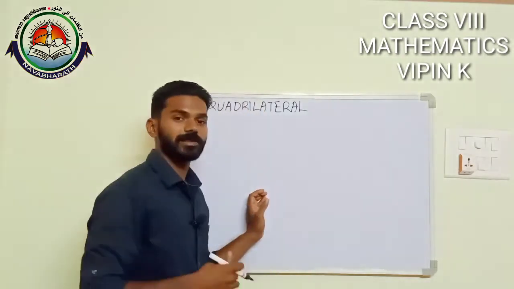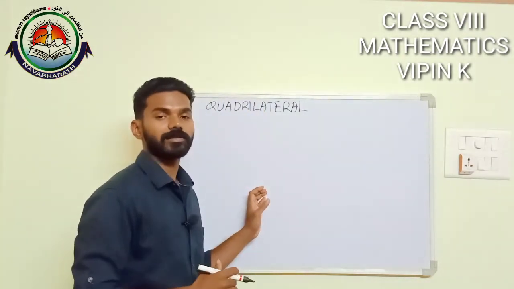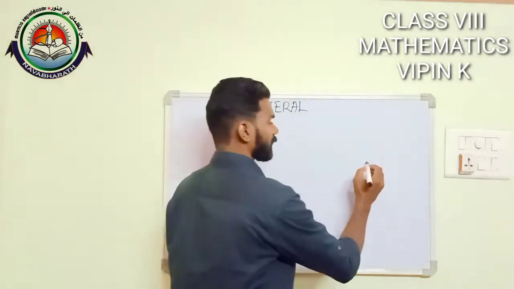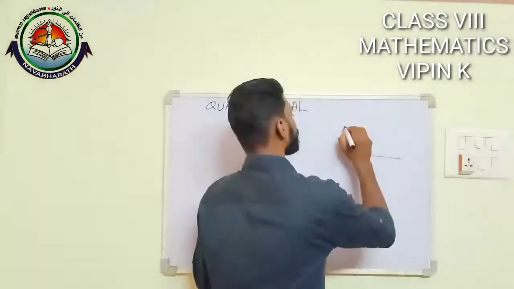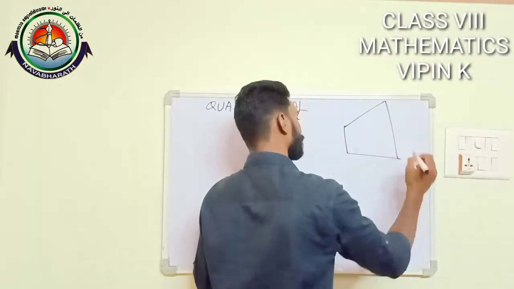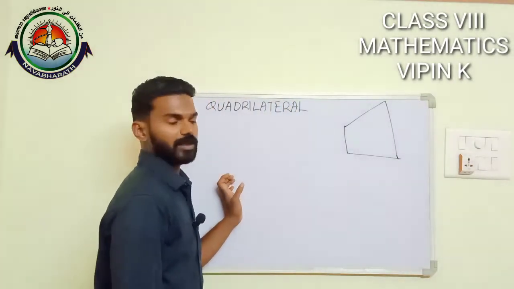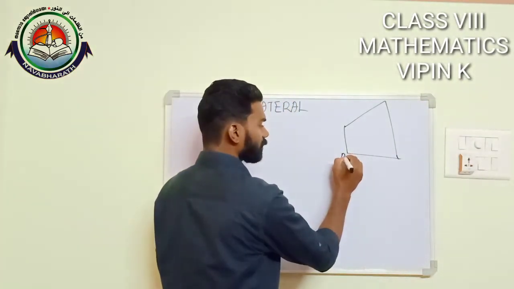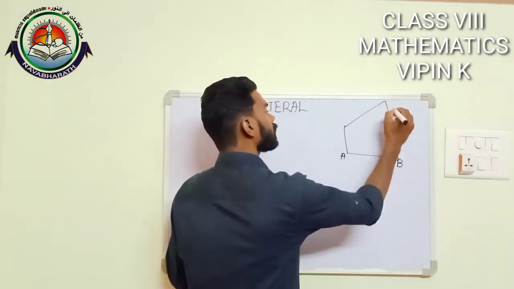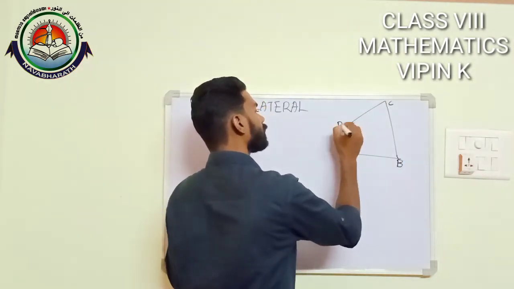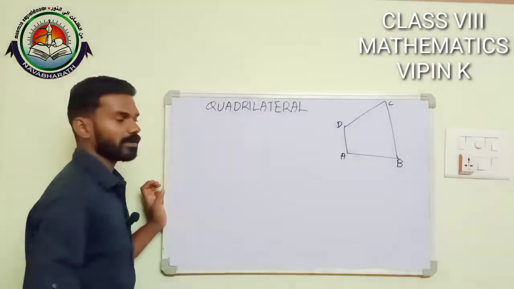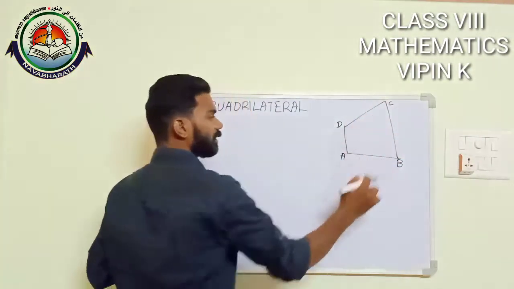How many sides would there be for a quadrilateral? There are exactly 4 sides. So I'm drawing a 4-sided quadrilateral, and now I'm naming it A, B, C, D. So my quadrilateral is ABCD.